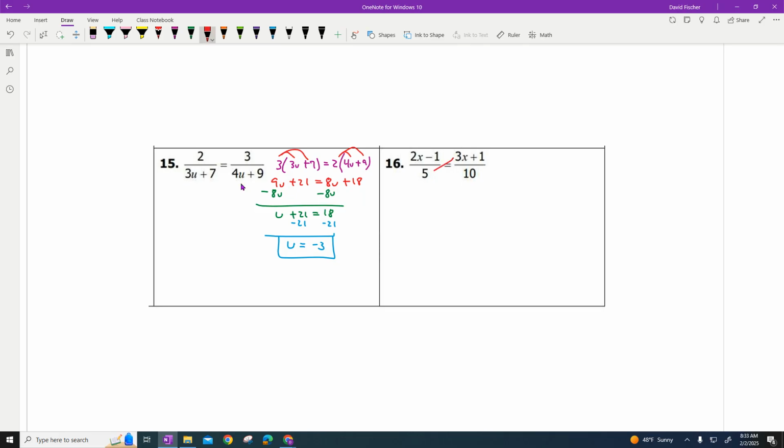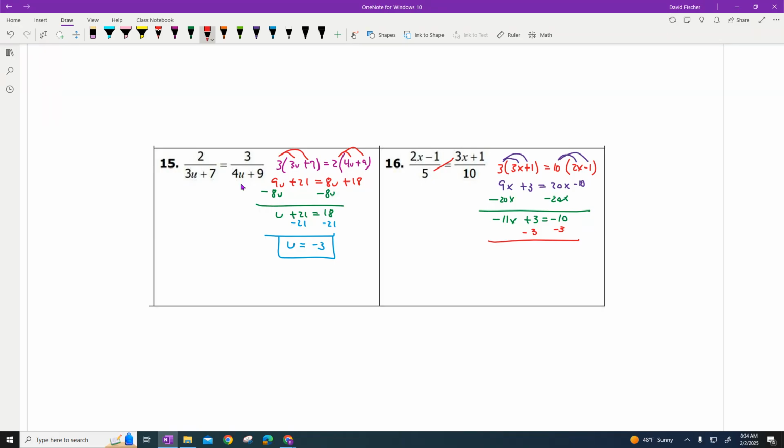Last one, finally. Alright, 9x minus. Somewhere I boo-booed here.